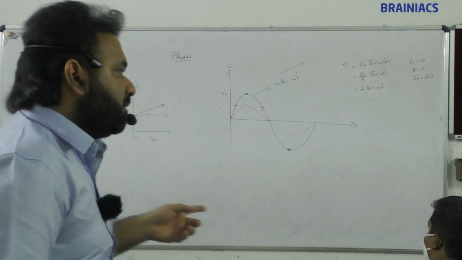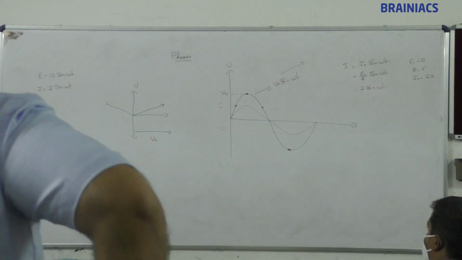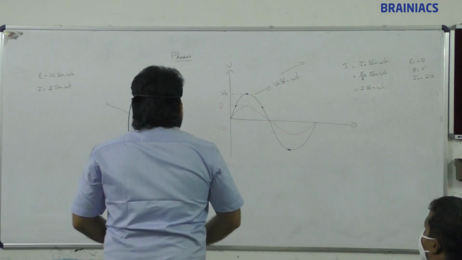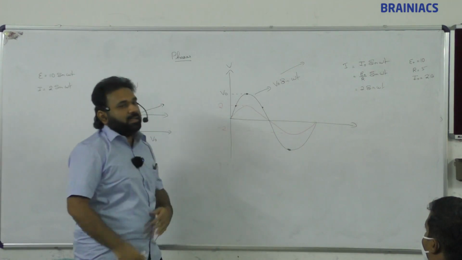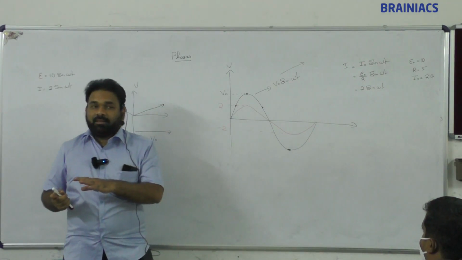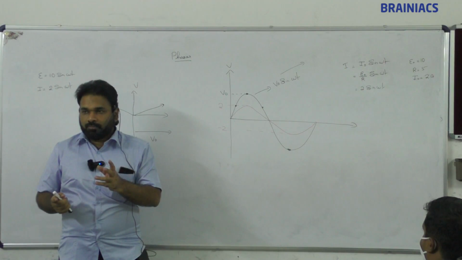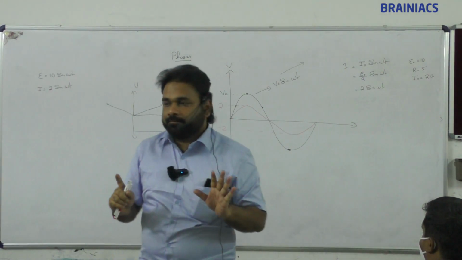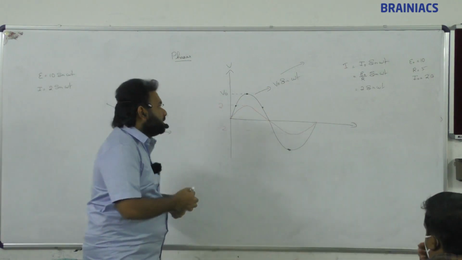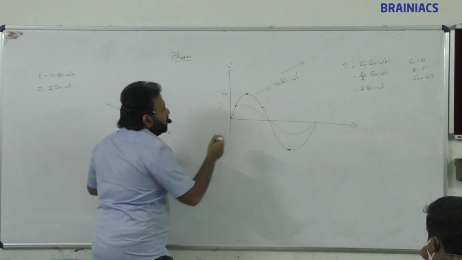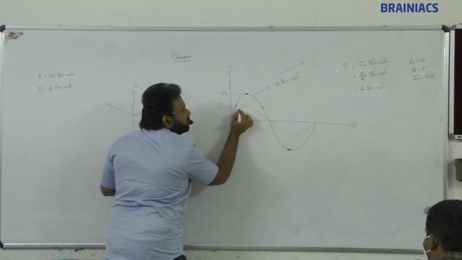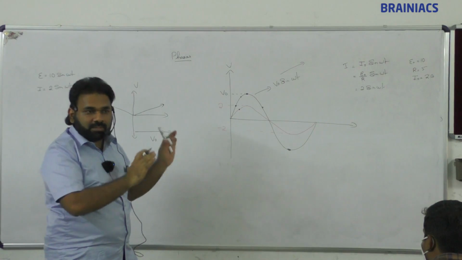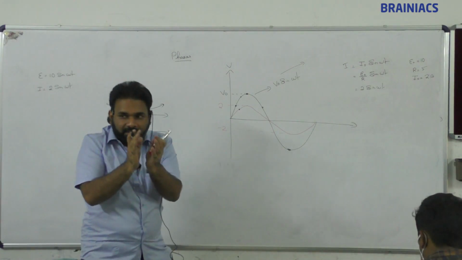According to the phase definition, what can you say? You might say different phase just because of considering the value, but we need not consider the magnitude here. You can understand that if it is here and this is here, they are in the same phase.